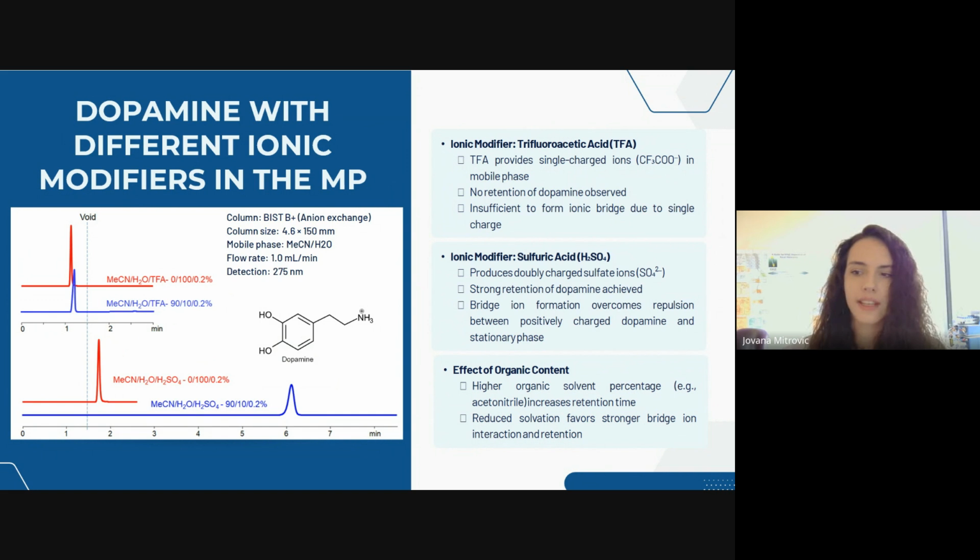We also observe that increasing the organic content, like acetonitrile, in the mobile phase boosts retention even more. This reduces solvation, allowing the sulfate ions to participate more effectively in bridge formation. And the result: a sharp, reproducible peak for dopamine in an absolutely new mode of interaction.